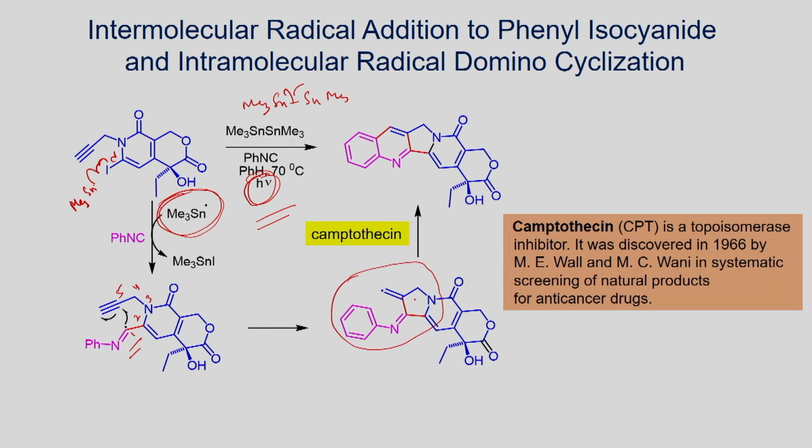Once we have this one, this can undergo further intramolecular reaction with this aromatic ring. In this way you will be able to make a polycyclic system which is used as topoisomerase inhibitor. You can see here a complex molecule.